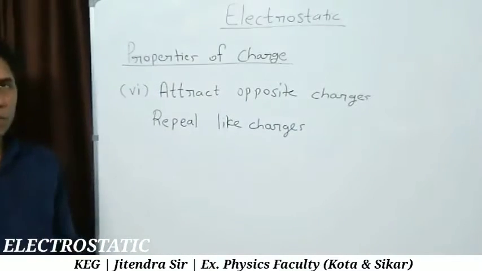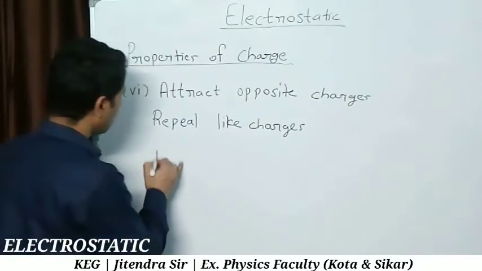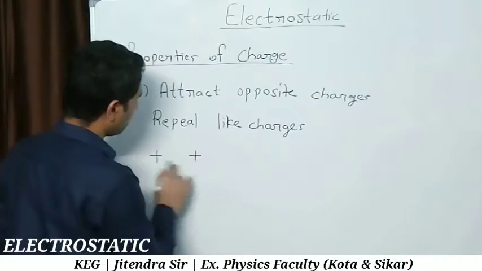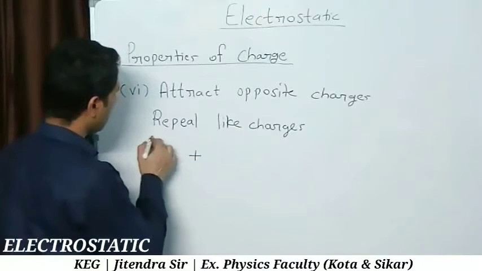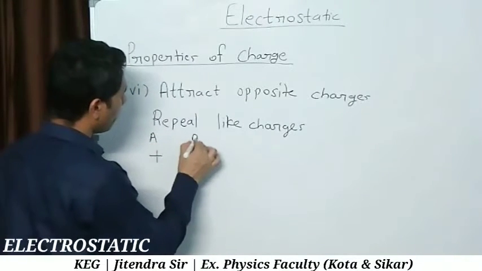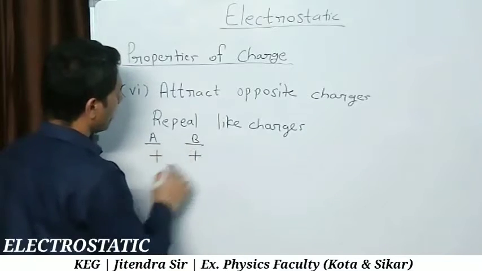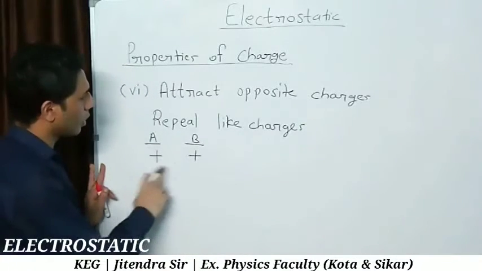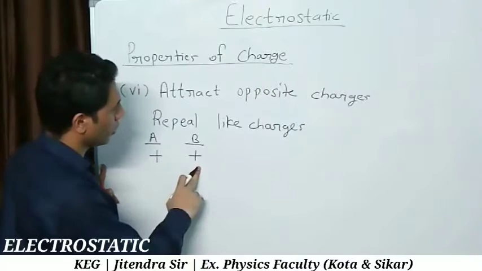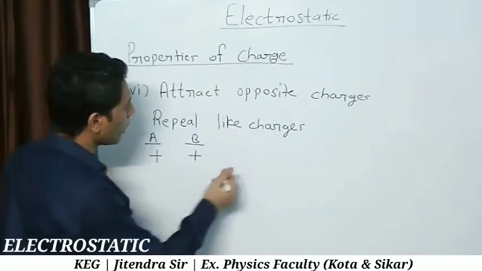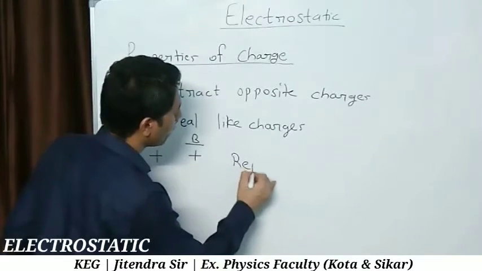Suppose there are four conditions. The first condition is plus, that is positive charge. There are two particles, body A and body B. Body A having positive charge and body B having positive charge, then these will repel each other.